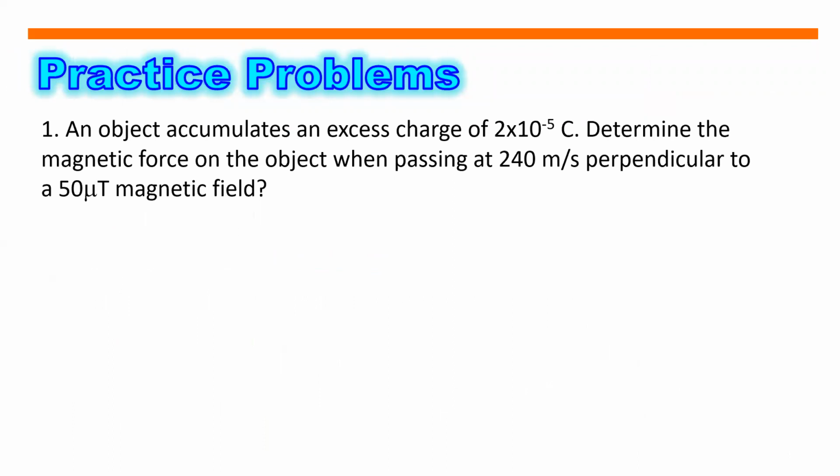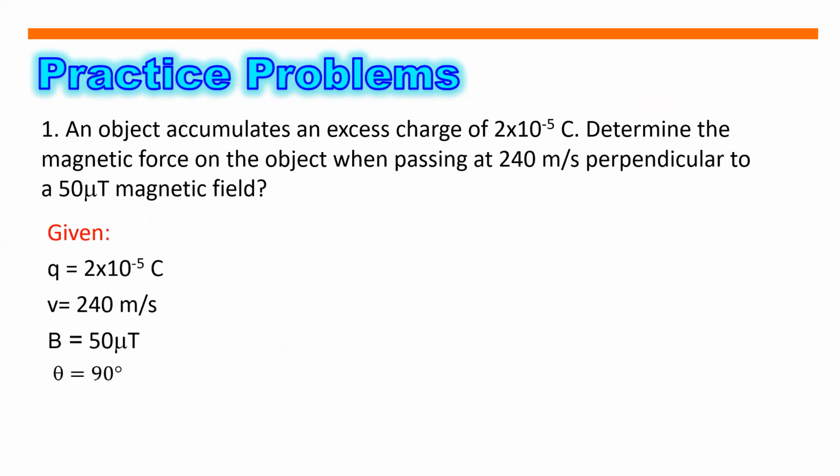Number 1: an object accumulates an excess charge of 2 times 10 to the negative 5 coulomb. Determine the magnetic force on the object when passing at 240 meters per second perpendicular to a 50 microtesla magnetic field. So let's have the following given. The charge is 2 times 10 to the negative 5 coulomb. The velocity or speed of the charge is 240 meters per second.